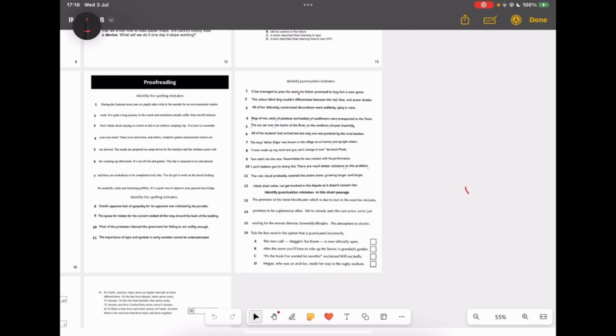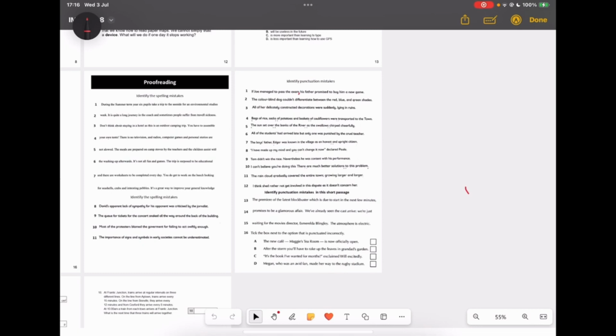Okay. So the hyphen in between colour and blind is okay. So it's not that. Couldn't differentiate between the red, blue and green shades. Okay, this will be... So you could have a colon after between, because then you're listing.